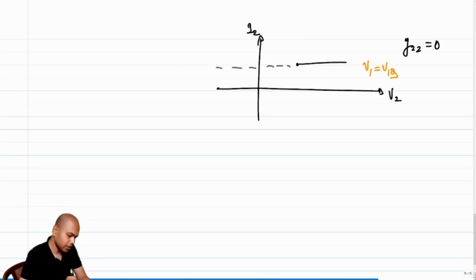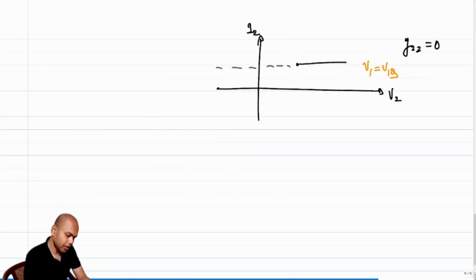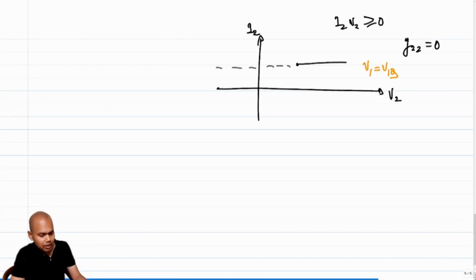I would like to draw your attention to the fact that we have already come up with a constraint that I2 times V2 has to be greater than or equal to 0, right? What does this mean? This essentially means that the product of I2 and V2 is always positive, which means that I cannot get into the second or the fourth quadrant, right? So I2 V2 characteristics always have to stay between the first and the third quadrant, right?